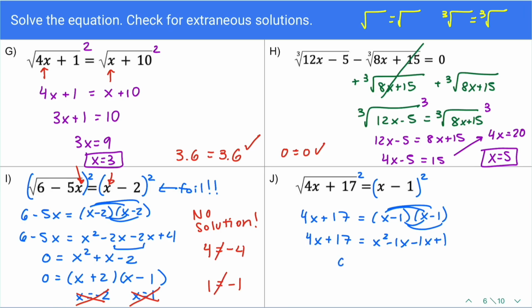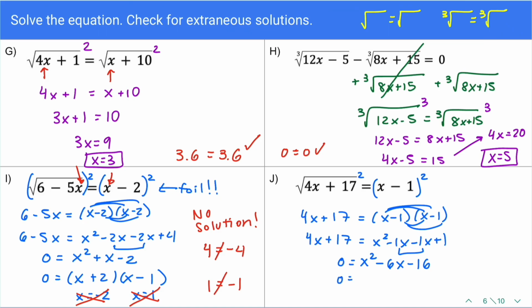Now it's a quadratic, so I need to set everything equal to 0 and move it all to the right. So x squared doesn't change. I have negative 1x, and I'm also subtracting 4x from that, so negative 6x. And then I have 1 minus 17, or negative 16.